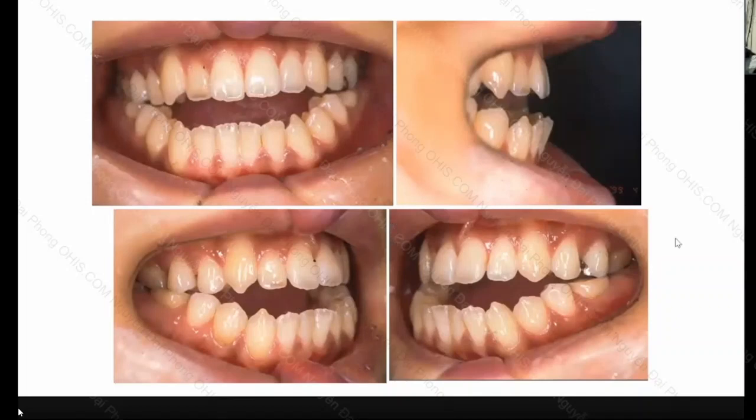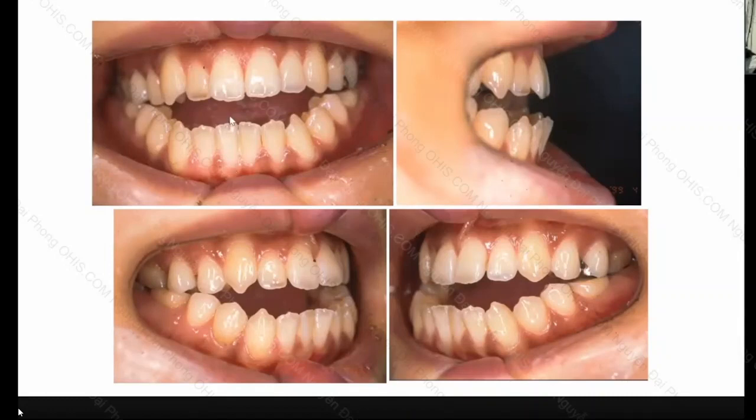Well, I cannot bite. I can't chew. I want to correct this. Then the dentist said, "Oh, you have an anterior open bite.